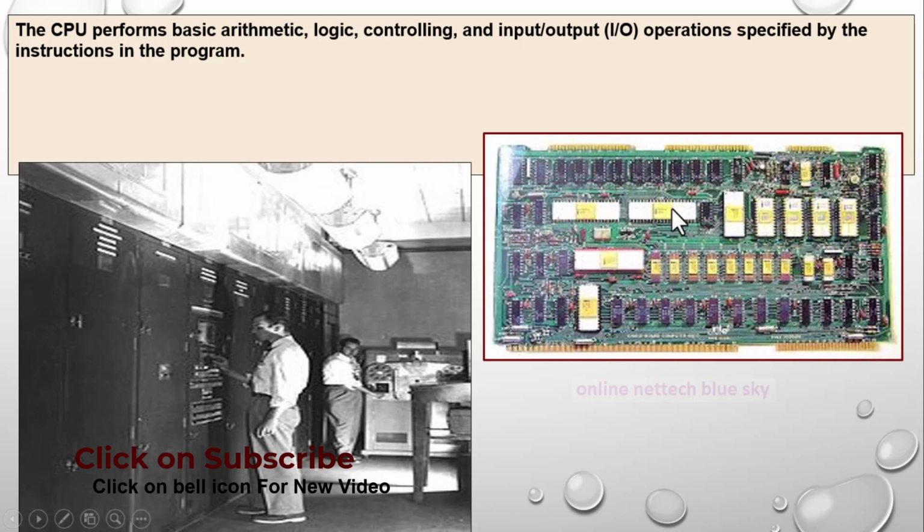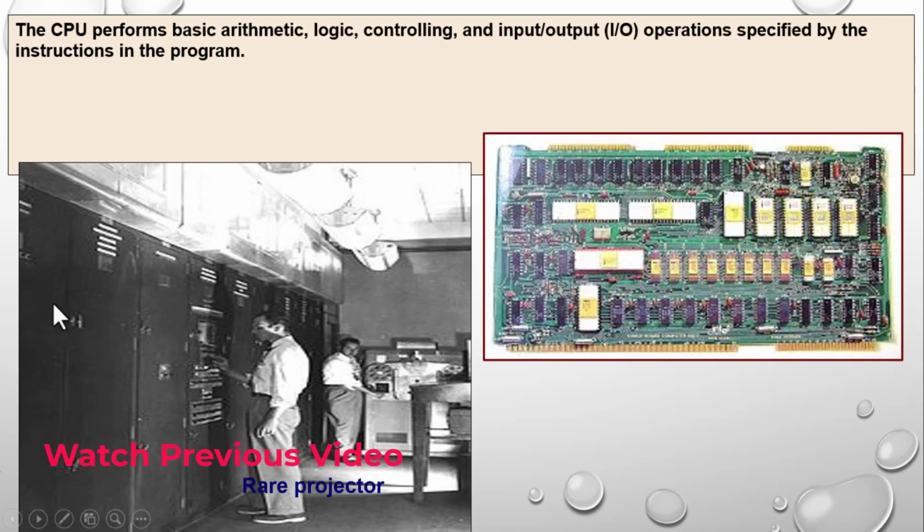You can see here an old generation type of processor, from first generation to second generation. This is the first generation computer, the second generation computer. That is why computers were used for arithmetic, logic, controlling and input operations specified by the instructions in the program.